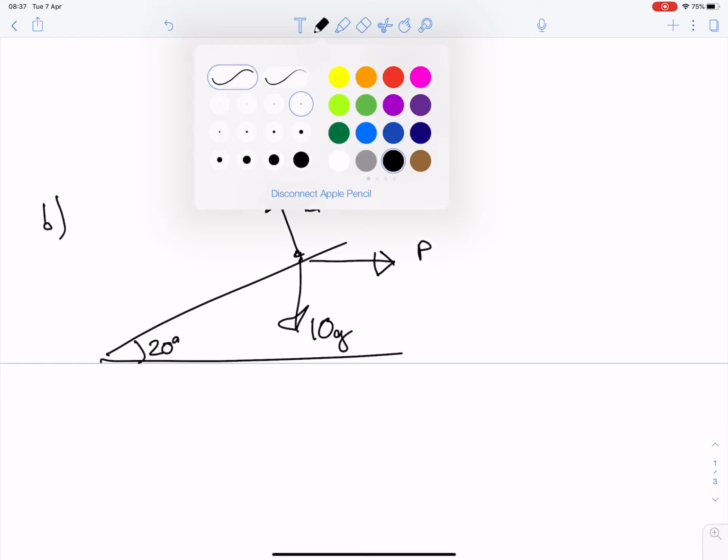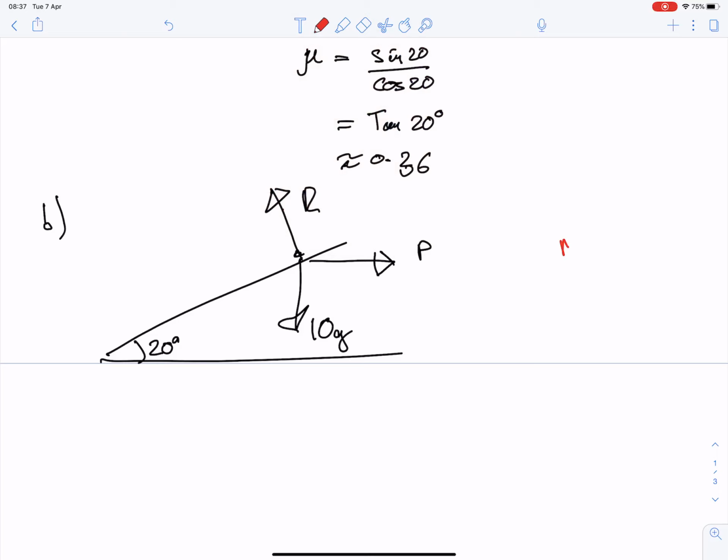And that means it's at its maximum when the box tries to slide up the plane. So what can you tell me about the friction?